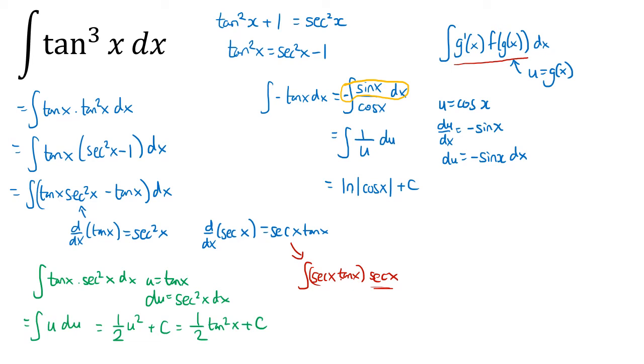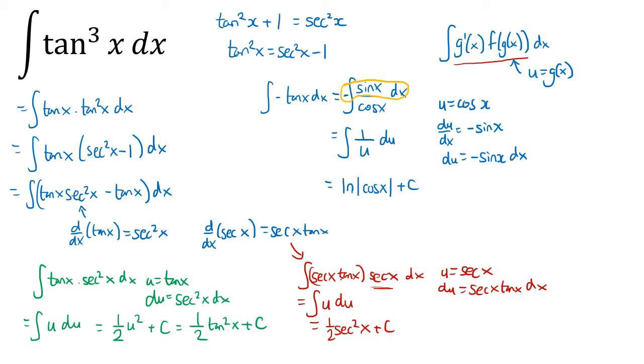And then the derivative sec x tan x appearing. So I can just say u is equal to sec x. And so du is sec times tan dx. And so the integral simply becomes u du again. So we're going to get a half u squared again, so that's a half sec squared x plus c.